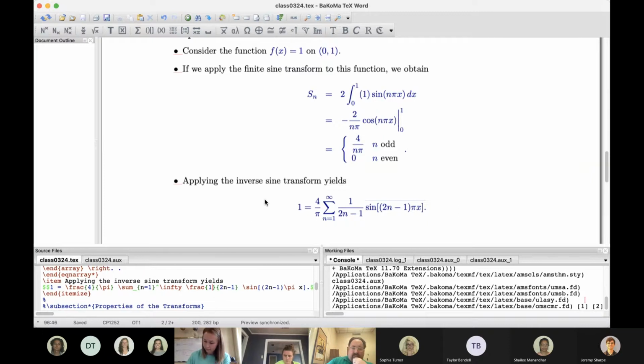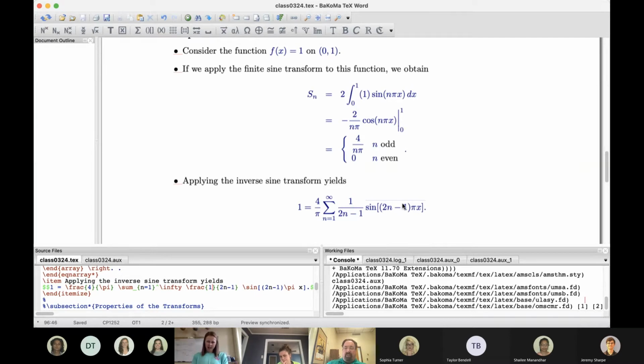One thing to point out, though, is these sine functions, if you plug in x equals 0 or x equals 1, you're always going to get 0. So you're not going to see that kind of convergence at the endpoints. At any x between 0 and 1, you'll still get convergence to 1 eventually, but at the endpoints, convergence is slow because you have that disconnect.